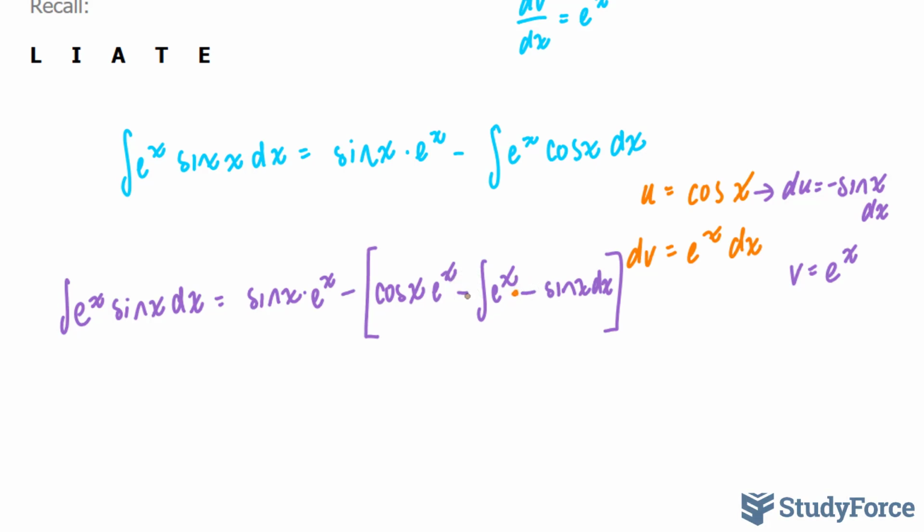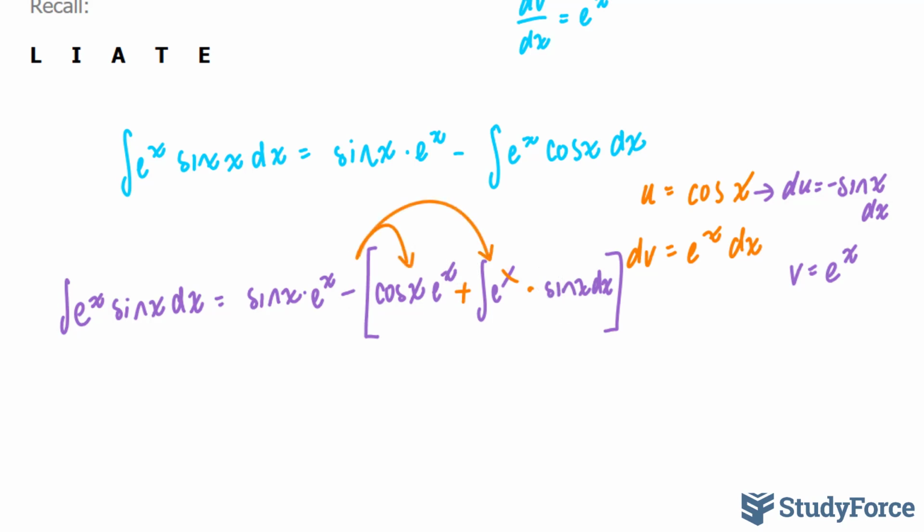Now make sure that you understand that this is e to the power of x times negative sine x dx. And this negative can be pulled out, and pulling out this negative alongside this negative makes it positive. So instead of rewriting the whole thing, I'm just going to switch this right now into plus the integral of e to the power of x times sine x dx. And at the same time, I will multiply this negative inwards.